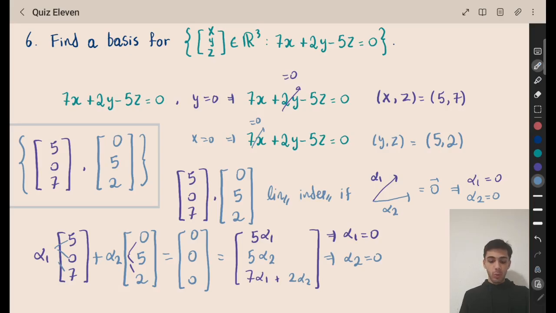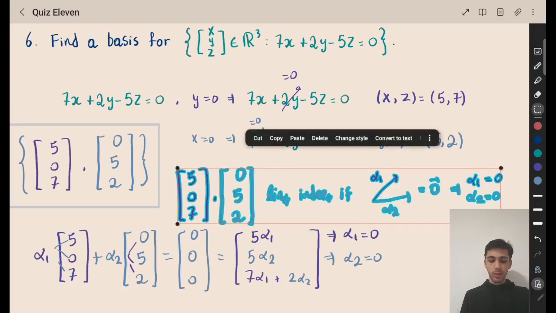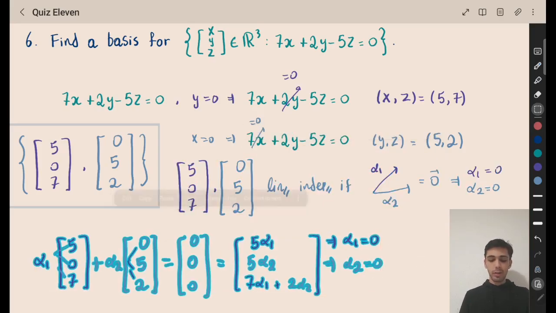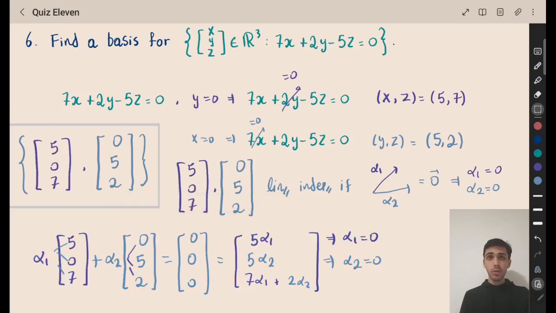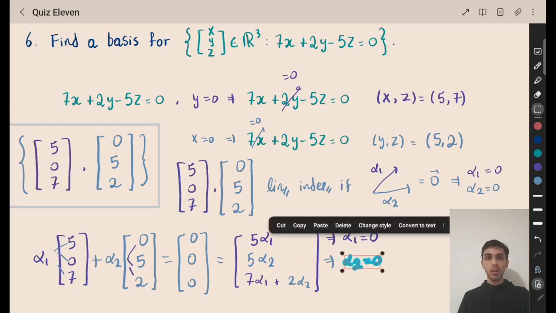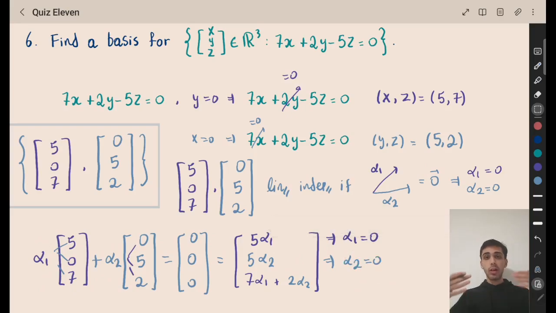So what we've effectively just done right now is we formally, rigorously and mathematically checked that these two vectors are actually linearly independent, because the only way you can combine them to get the 0 vector is if the scalings are 0. In other words, these two vectors will never cancel each other out, like we saw with this specific example.